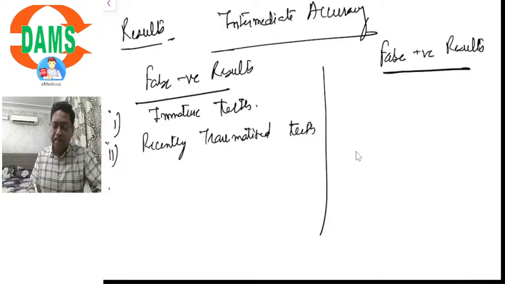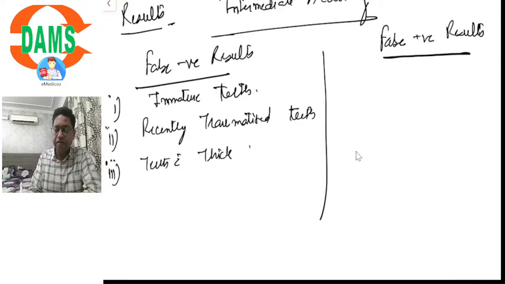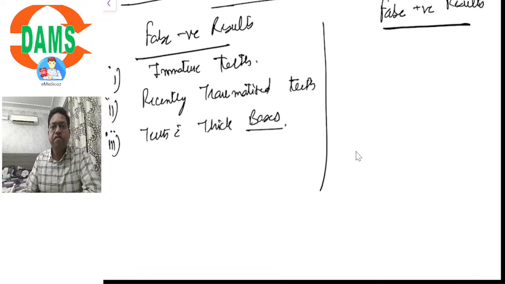Other situations for false negative results, where the pulp is not responding although ideally it should respond to electric current, are teeth with thick bases. We all know that bases are poor conductors of electricity.